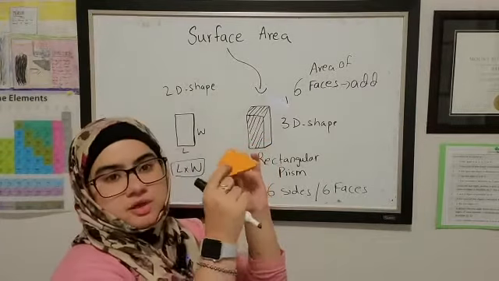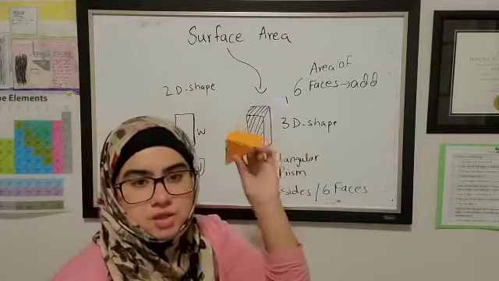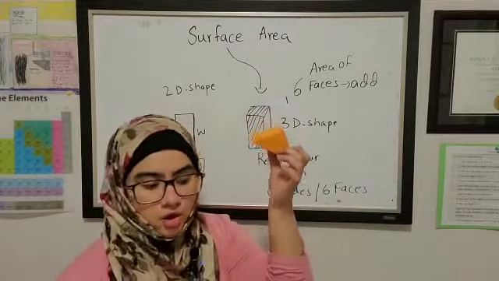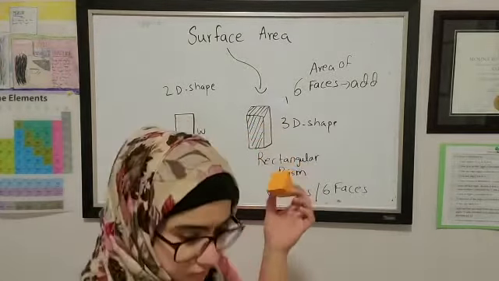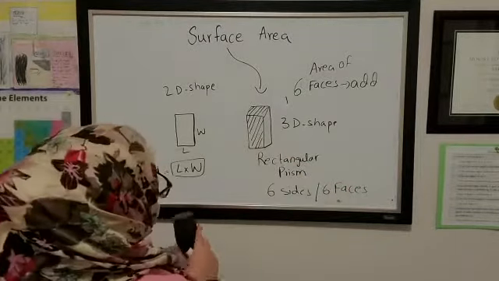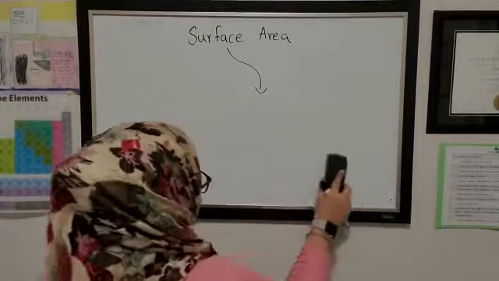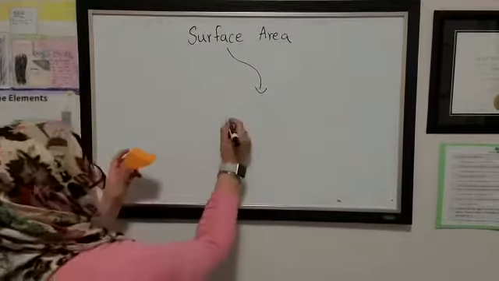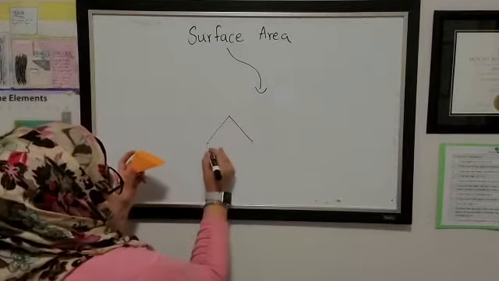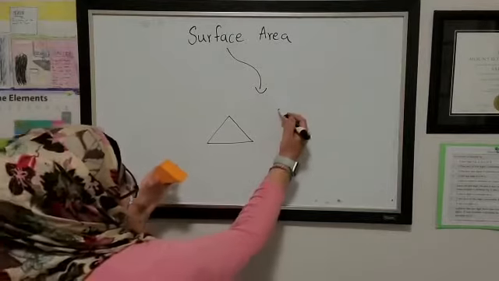Since you have 2 similar faces, front and back, you can multiply by 2. So I'm going to find the surface area of this triangular prism. I'm going to quickly draw the triangular prism and we will see how to find its surface area.